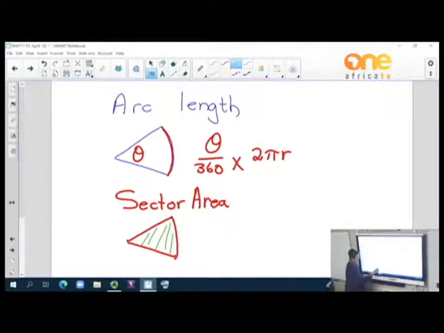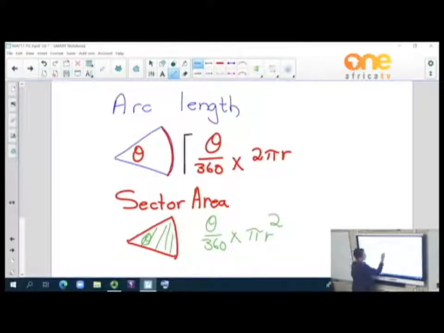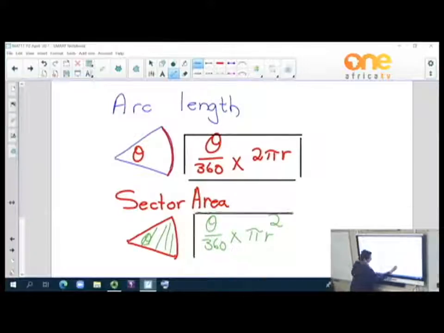So this one is theta over 360. So theta is then the angle that we have there, of the area, so of pi r squared. That's the 2 formulas that we're going to use. Okay. So your brain likes a block, so put it in a block there so that you can see them.